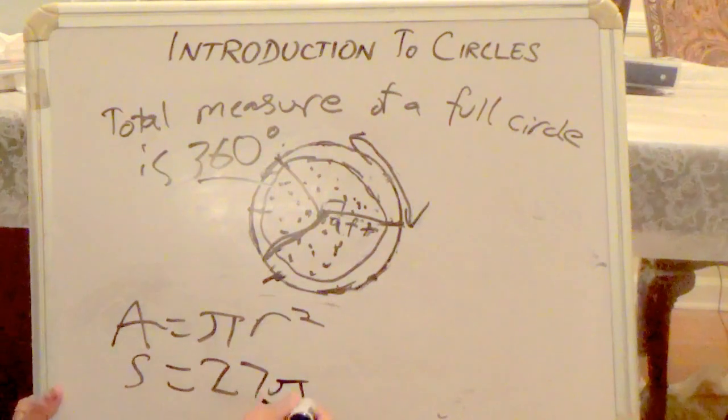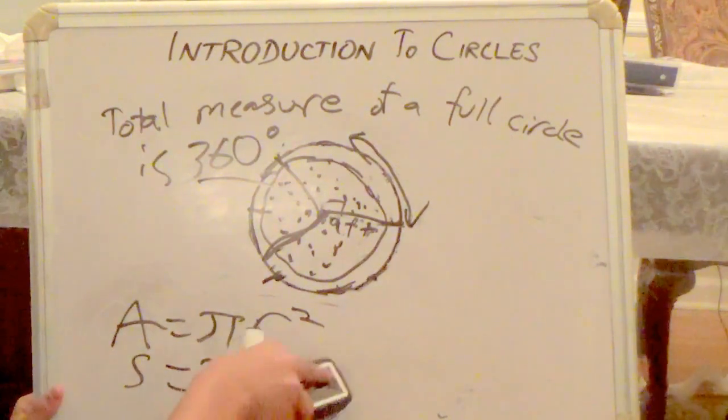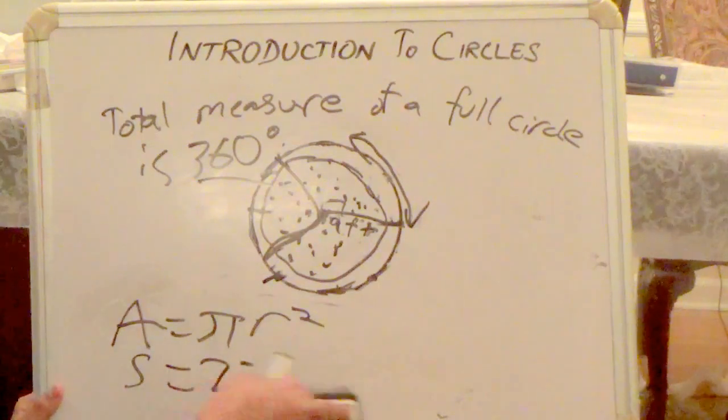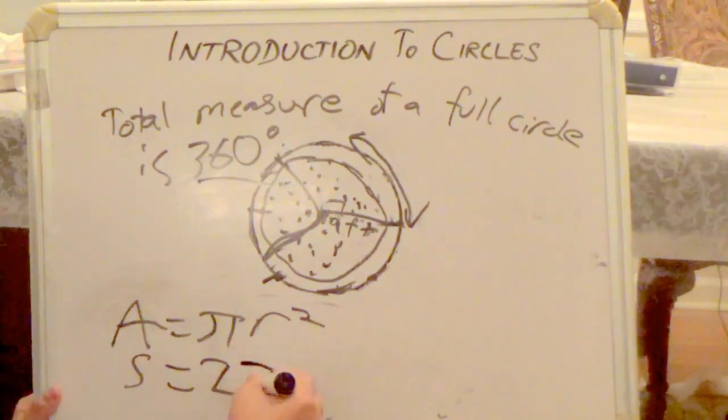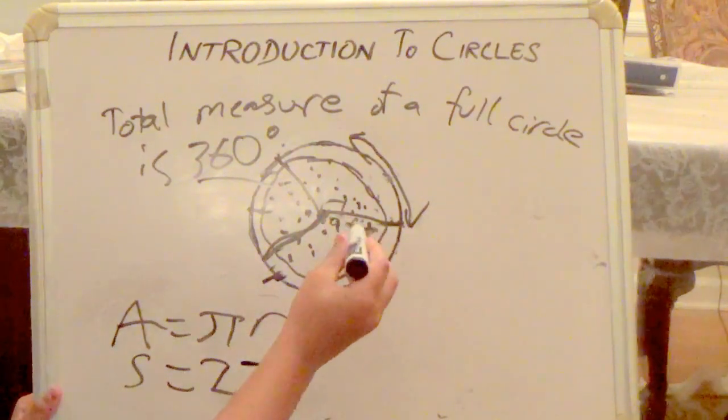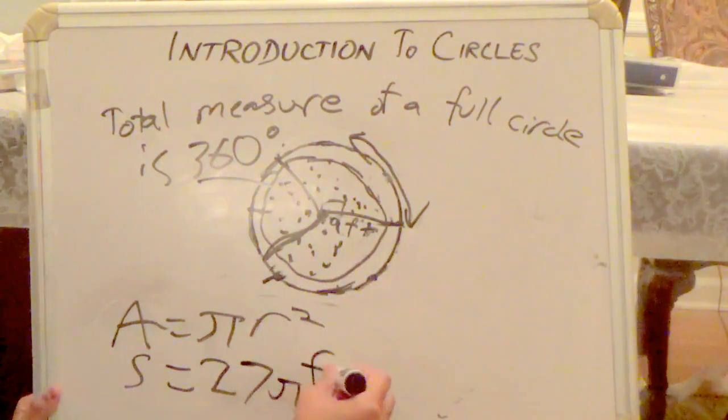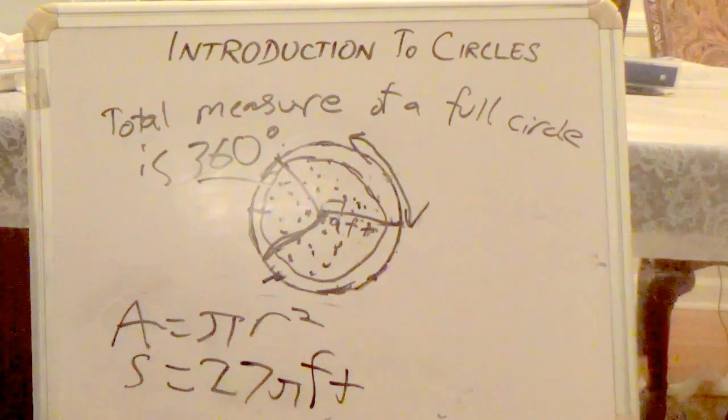This is the symbol for pi. It's pretty useful. So the area is 27 pi feet, because 9 feet was our radius.